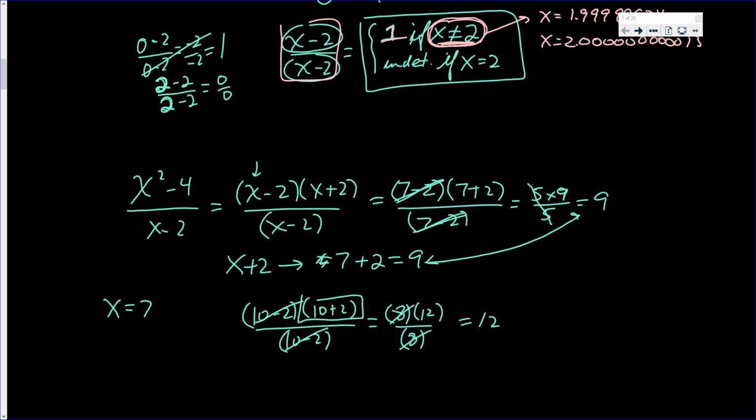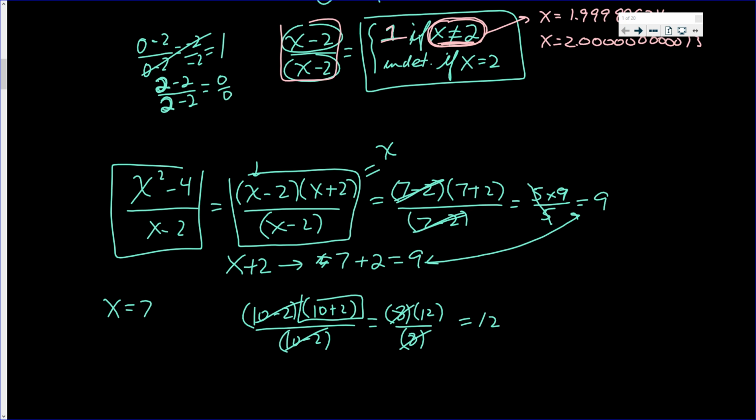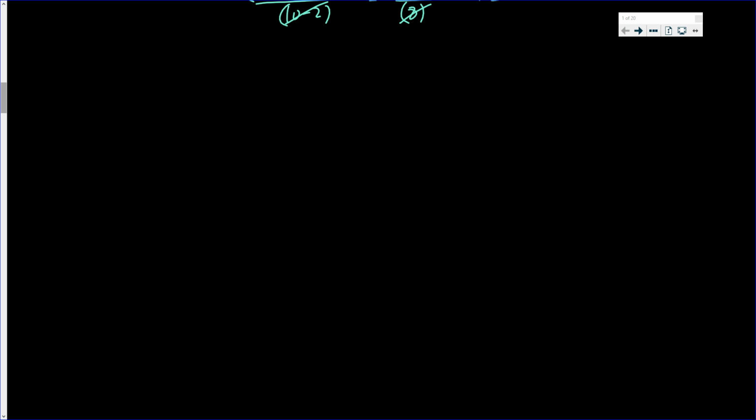That is, this function, which is exactly this function, is equal to x plus 2 if x is not 2. Not that 2, but what makes this 0? Okay, they're the same two functions. In fact, this function that we have is a piecewise function.